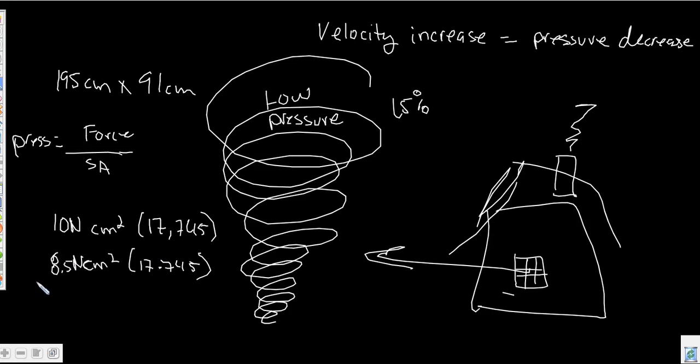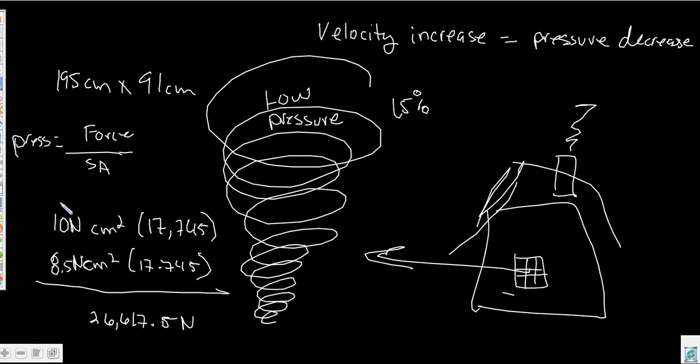Now we're going to have a difference here of 8.5 and 10. And so if we went ahead and subtracted that, that's going to give us a difference of 26,617.5 newtons. Oops, I said point N. 0.5 newtons.